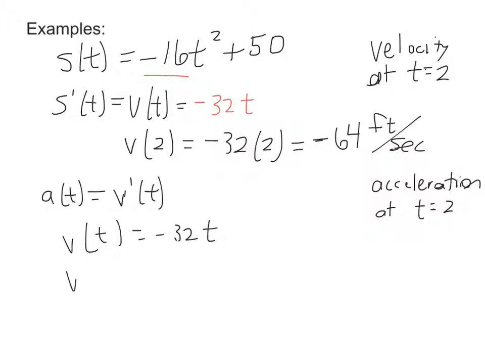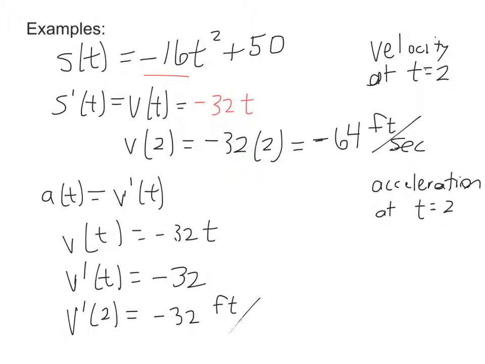So the first derivative of negative 32t is going to be negative 32. And if I plug in 2, well, I don't have anything to plug in there, so it's just going to be negative 32. And this is going to be the change in velocity over time. So this is going to be feet per second, or feet per second squared.